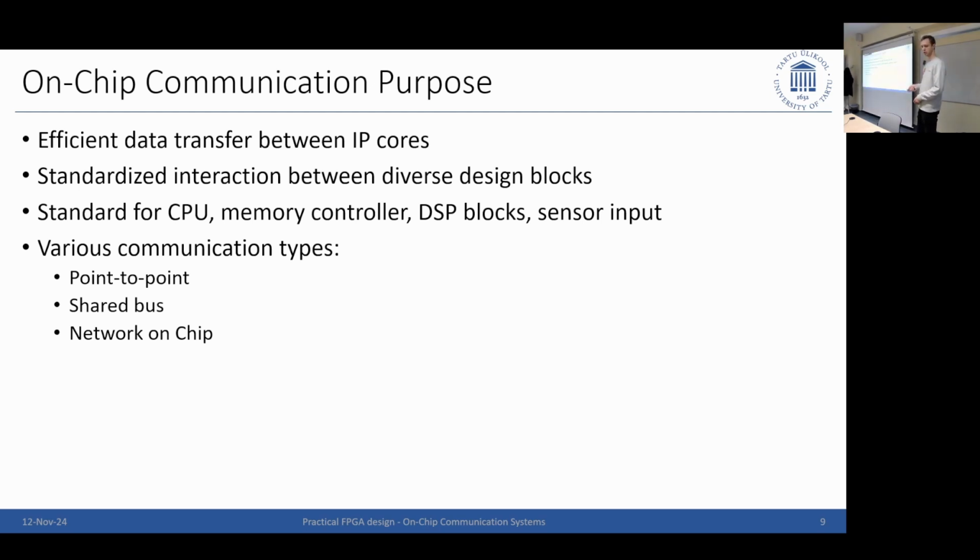It's always used for a CPU, a memory controller, RAM access, DMA (direct memory access), DSP blocks or sensor input.